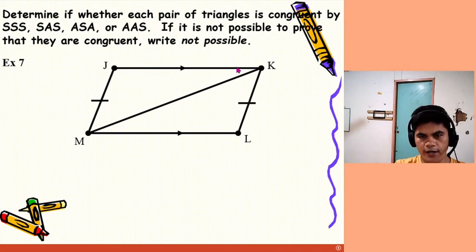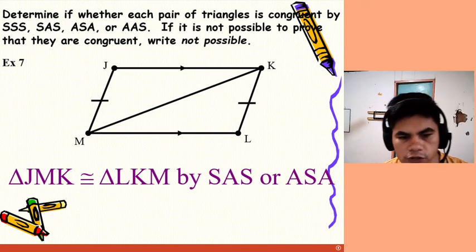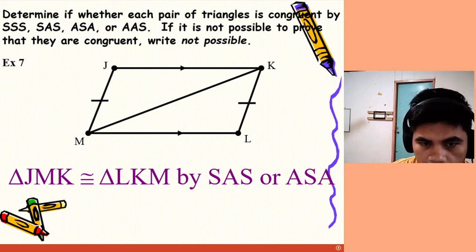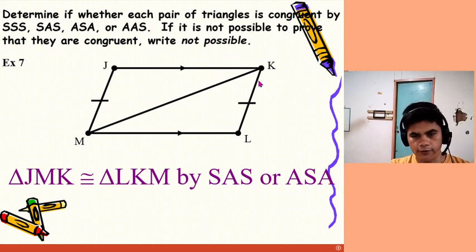Since they are parallel, this angle must be congruent with this angle, or this angle is congruent with this angle. So we have side, angle. Then we have a common side here. So triangle JMK is congruent with triangle LKM by SAS or ASA. Angle, side, angle works. Angle, side, angle, or side, angle, side.